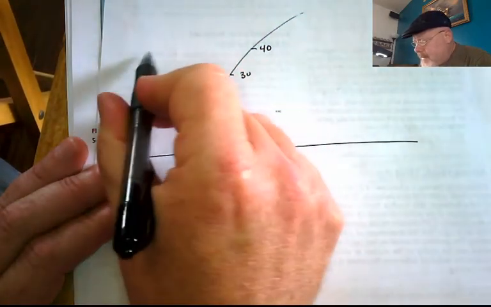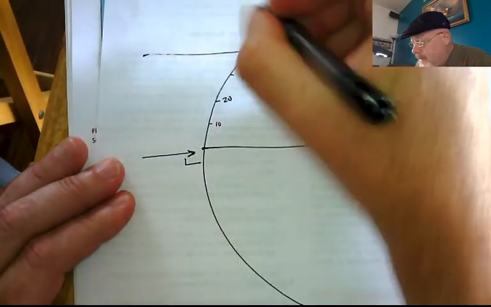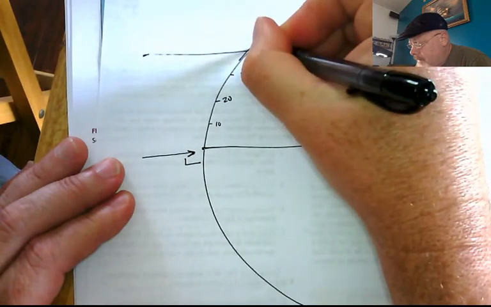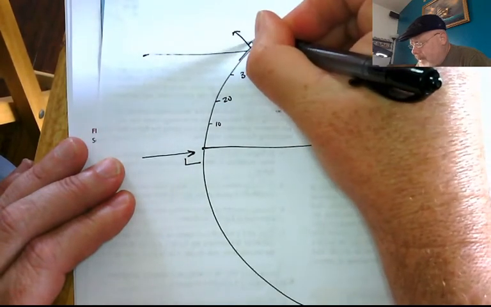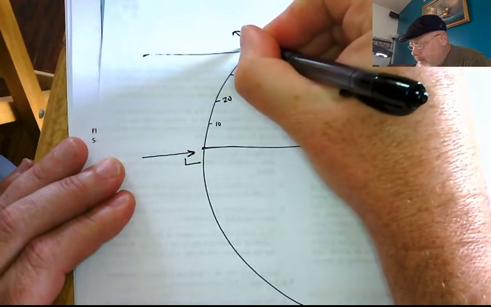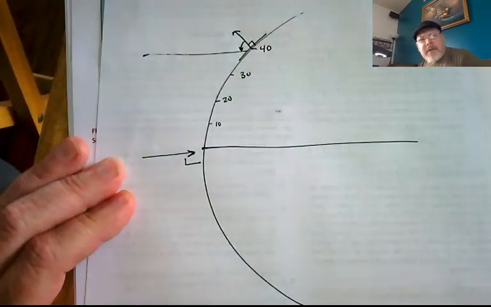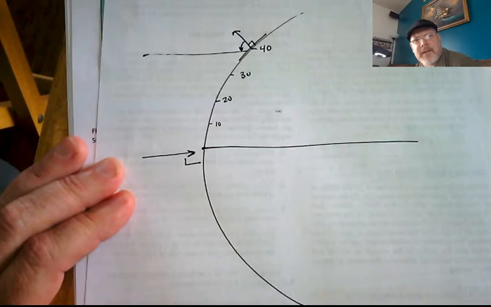That means the sun's going to be hitting you at this angle, but the Earth is not like this. So if you were standing on the Earth and you were looking straight up, this would be 90 degrees. You would have to look down to the south to see the sun. So the sun at 40 degrees north is never going to be directly above you.